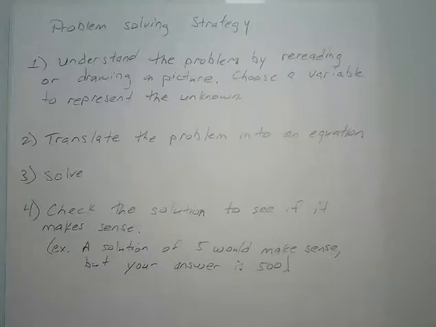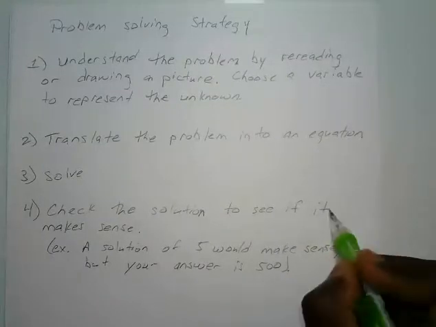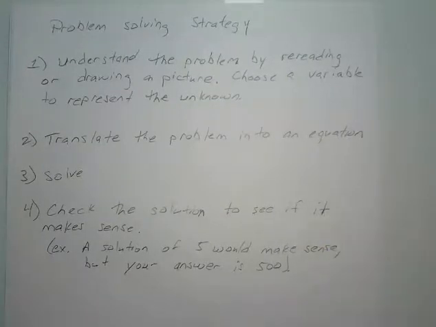Now the second thing you want to do is translate the problem into an equation. So once you have your unknowns and your variable representing your unknowns, you want to translate that into an equation. Then the third step is to solve it. Now your fourth step is you want to check to make sure that the solution makes sense. If it doesn't make sense, then you know somewhere along the line you made an error.